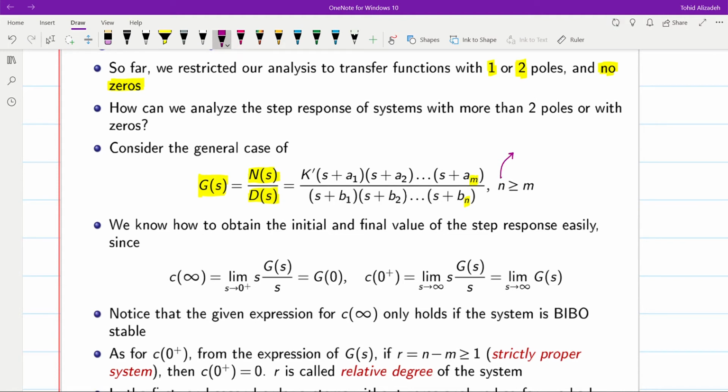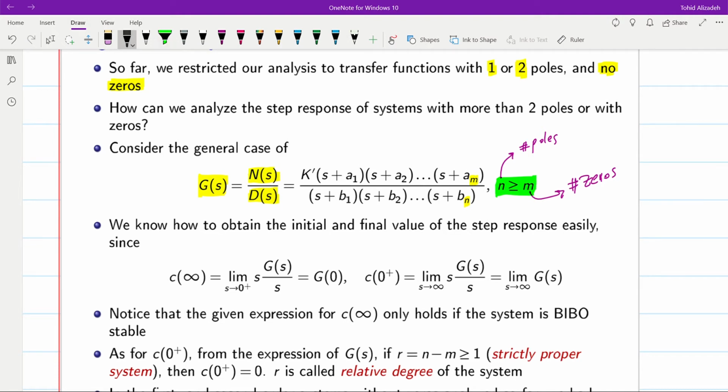So n is the number of poles for a system, and m is the number of zeros. Generally, for the systems that we consider, we have n bigger than or equal to m. That's the general case in order to have a system that is physically realizable.